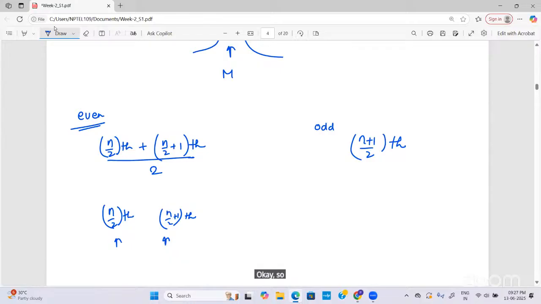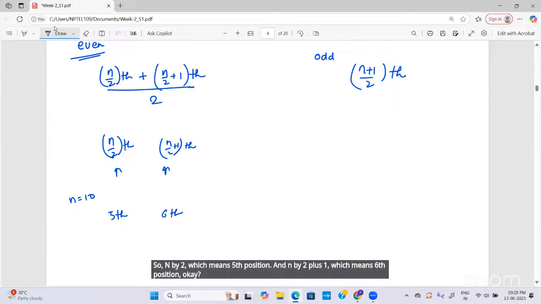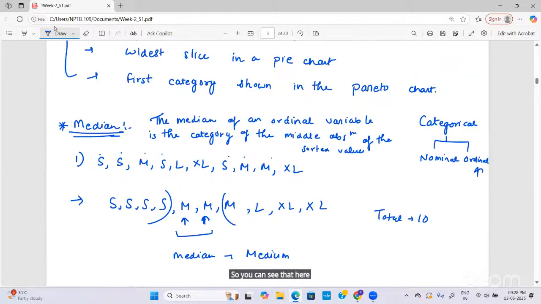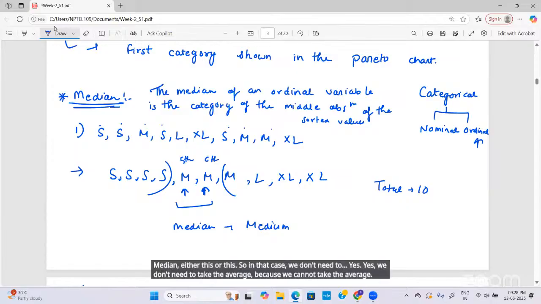Here n equals 10, so n by 2 means the 5th position, and n by 2 plus 1 means the 6th position. You can see this is the 5th and this is the 6th, so these two will be your median, either this or this. For categorical data we don't take the average; we just tell the value at the position, because we cannot take the average. It's a categorical variable.